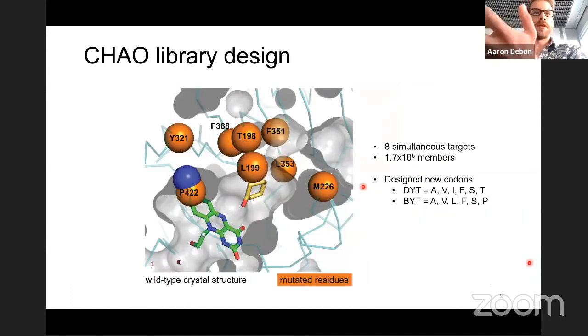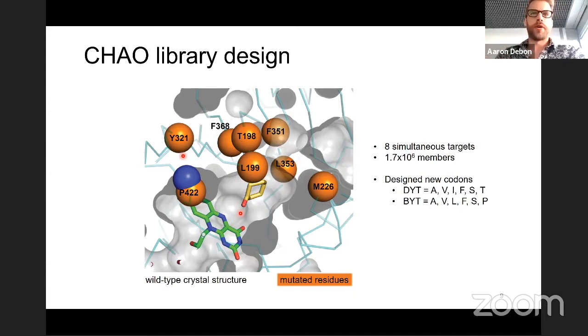So we wanted to update the library design a bit for this given task, because we have certain features in our enzyme that we can harness to make library design more specific. The active site is completely internalized into the enzyme and very hydrophobic. So what we did was we designed new codons, DYT and BYT.